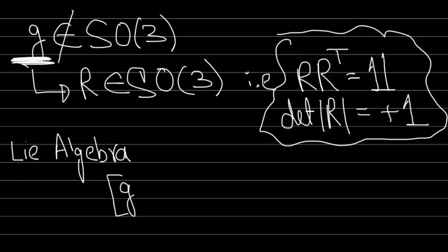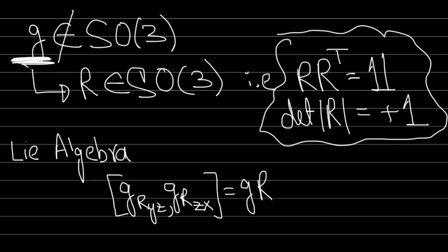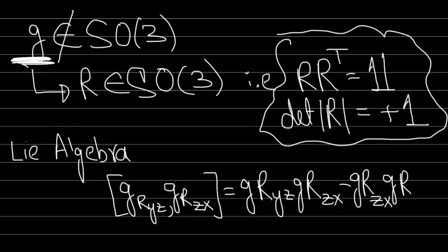It is written as the commutator of G_RYZ and G_RZX, for example, is equal to G_RYZ times G_RZX minus G_RZX times G_RYZ, right?